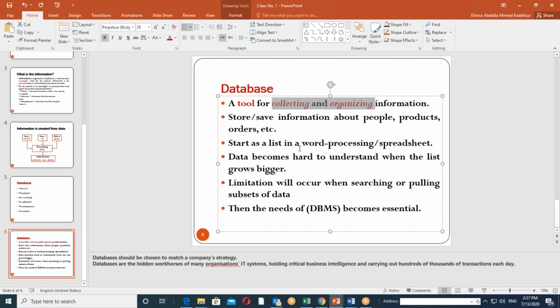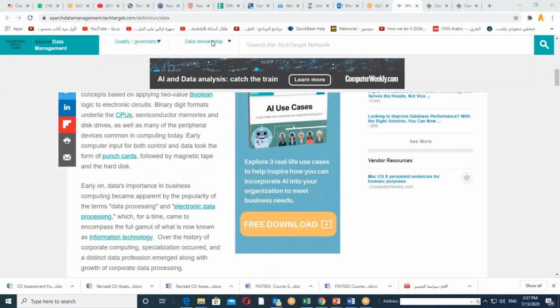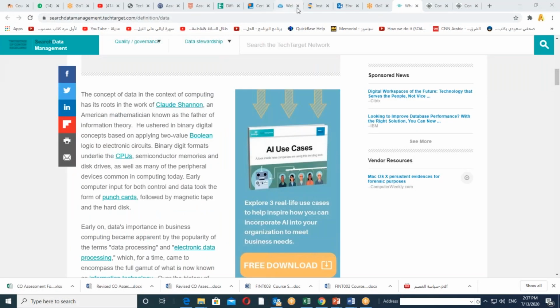But if I am keeping all the names under one column, all the student IDs under one column, in such a way I am having well-organized data. Then I can refer to that easily.